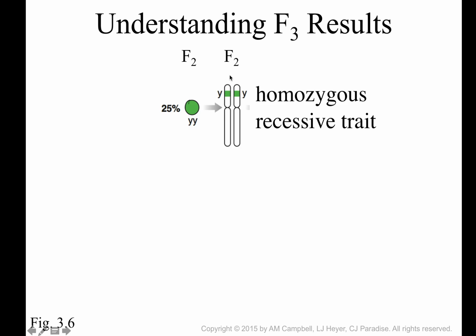One came from the male part of the flower, one came from the female part of the flower. They both are the same version, and if they are both the same version, they're called homozygous.